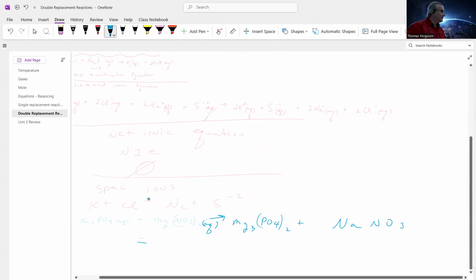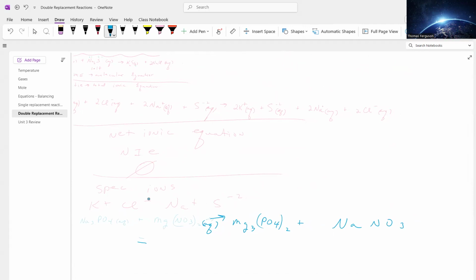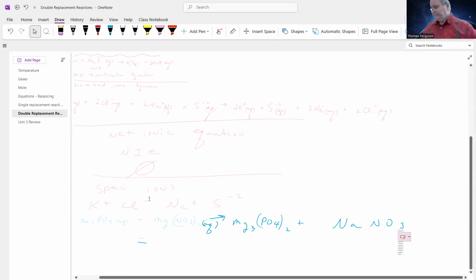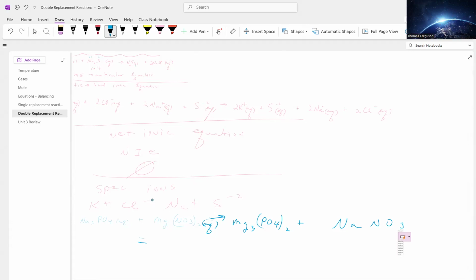Okay, so we need to determine if there's a solid form. So then we look up magnesium on the top and go down to phosphate on the left. Black. That means that's a solid.